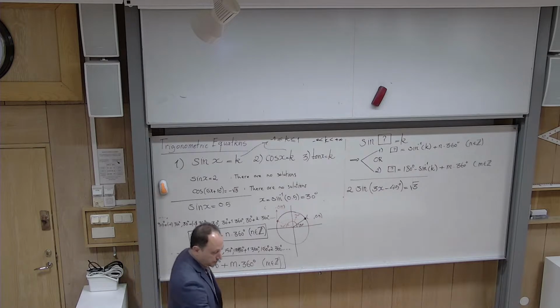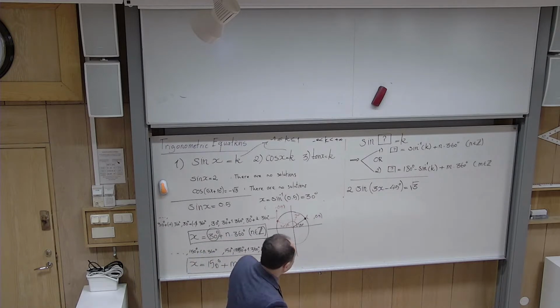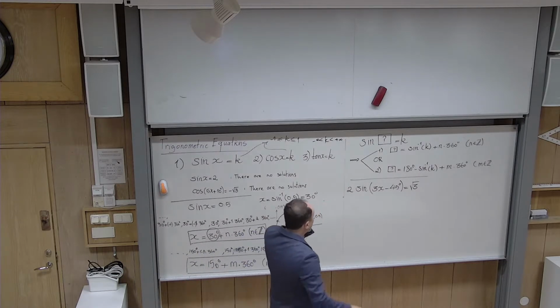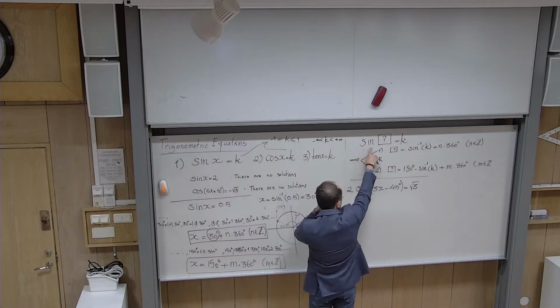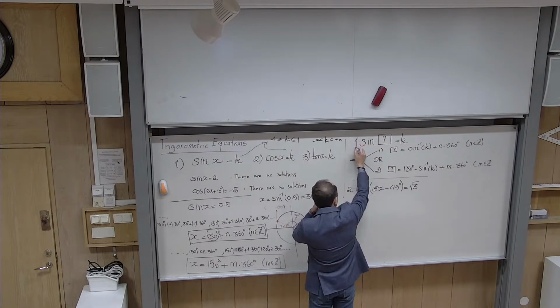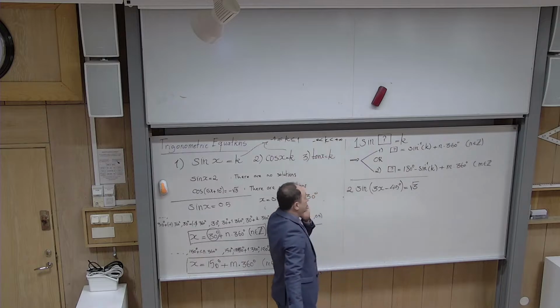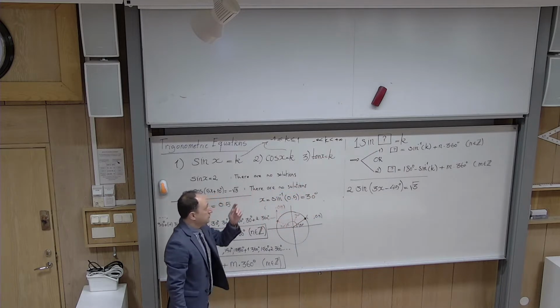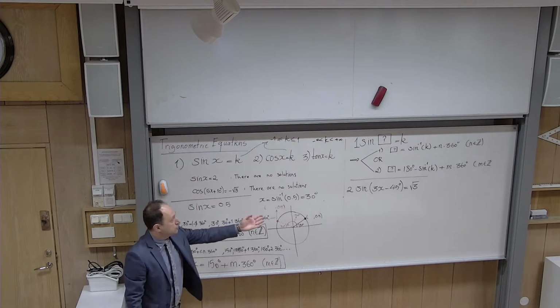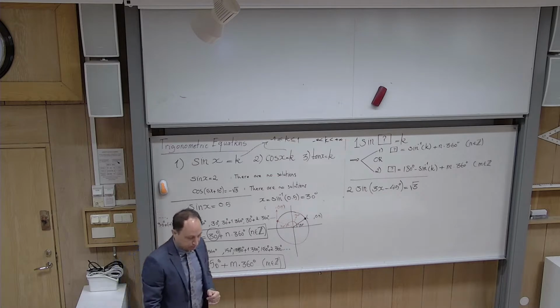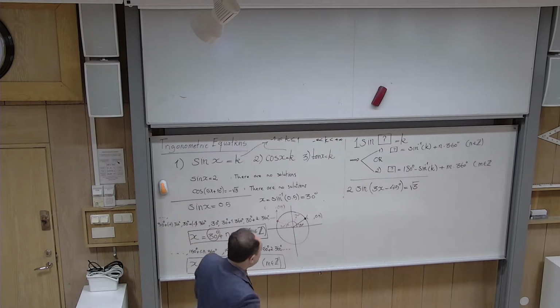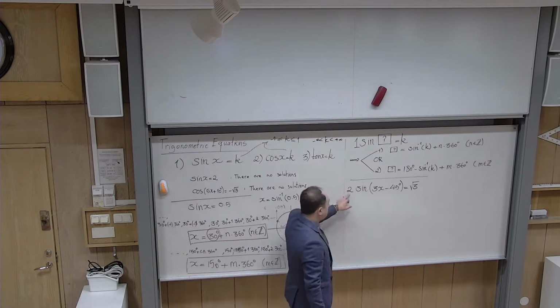Okay, let me emphasize here that these formulas that I have mentioned here are working if this is sine. So let me emphasize that this coefficient is 1. If this coefficient is not 1, you're not allowed to use the formulas immediately. So as you see, this is not 1.